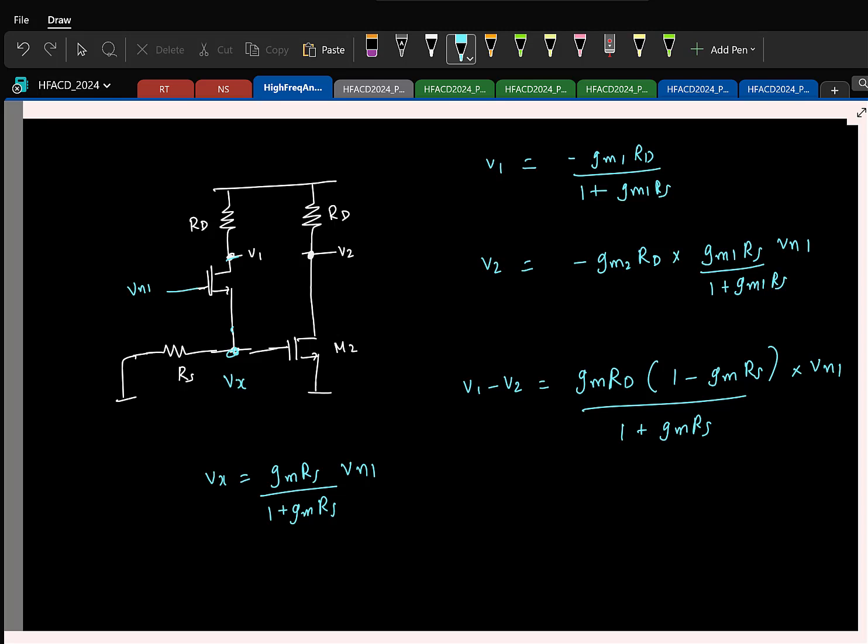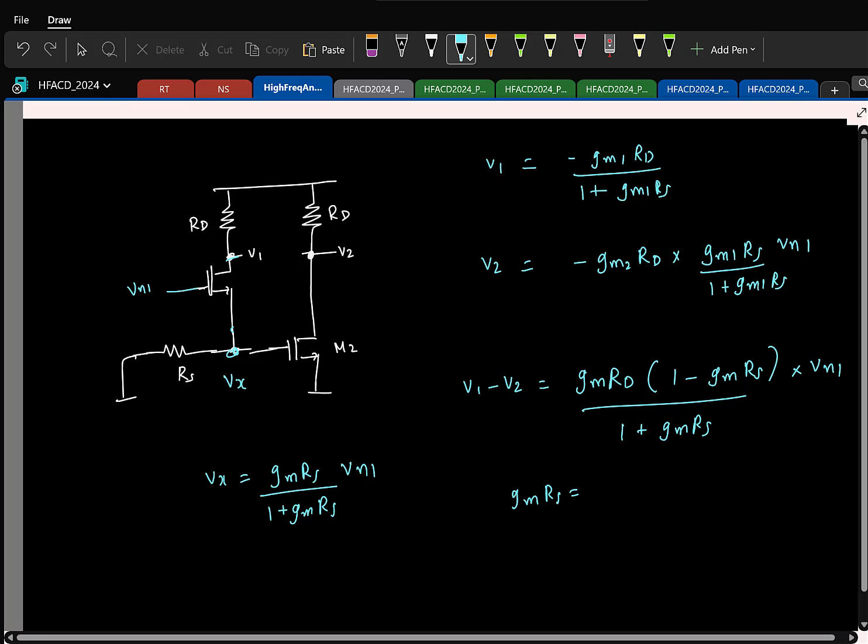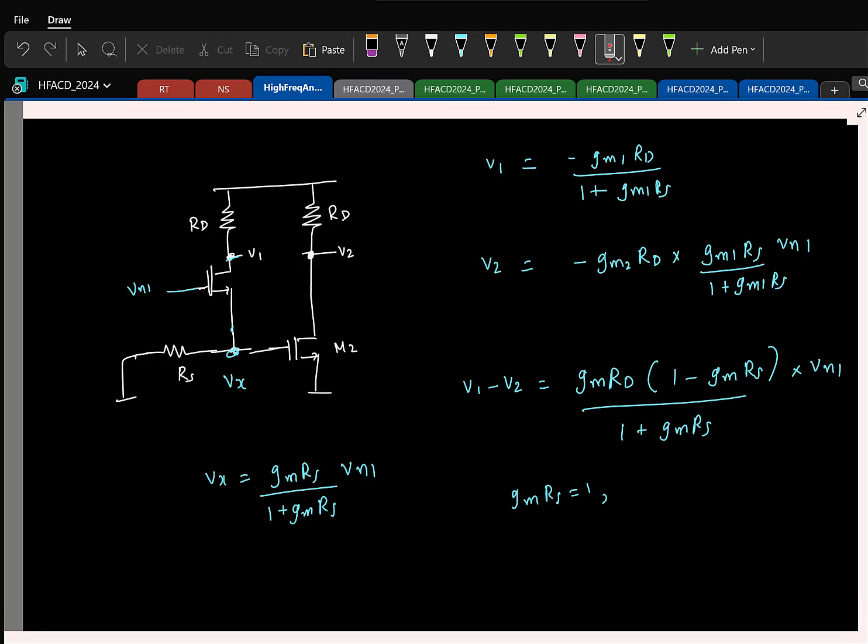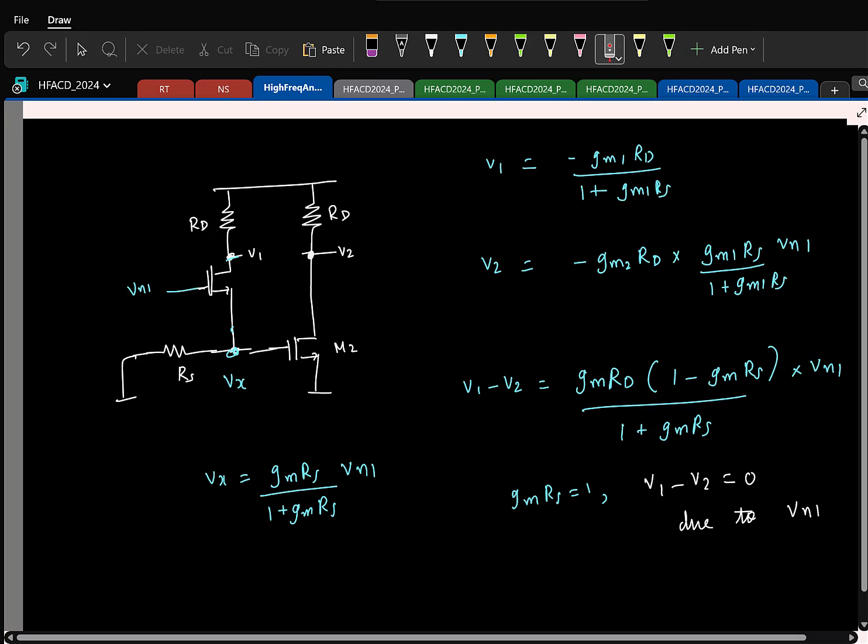If I make Gm Rs equal to 1, what can you say about M1's noise contribution? It doesn't come. So what's happening here is what we call noise cancellation.